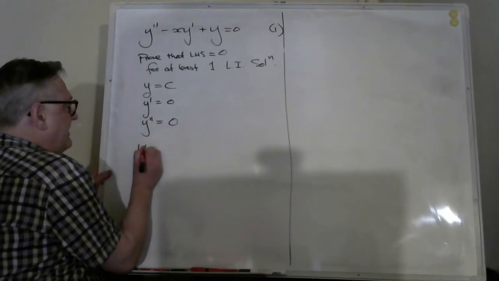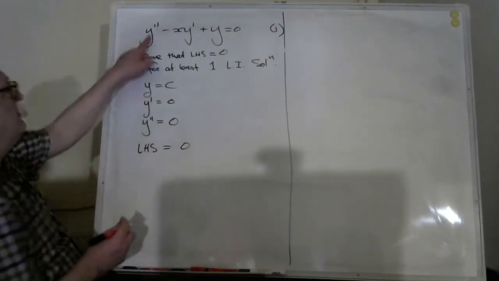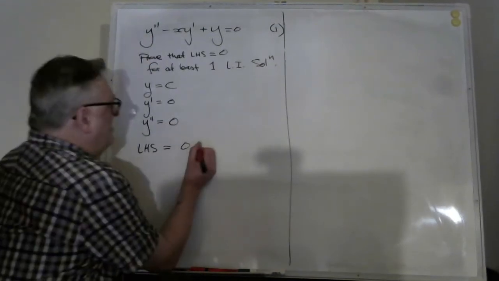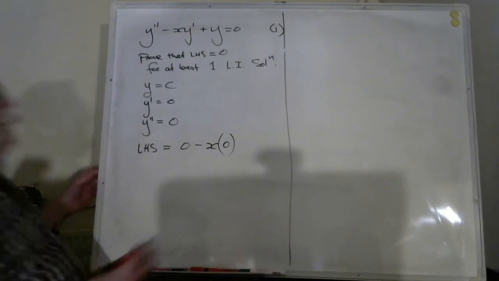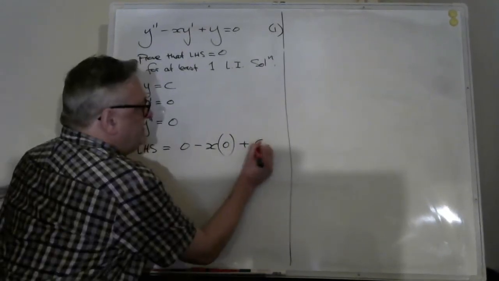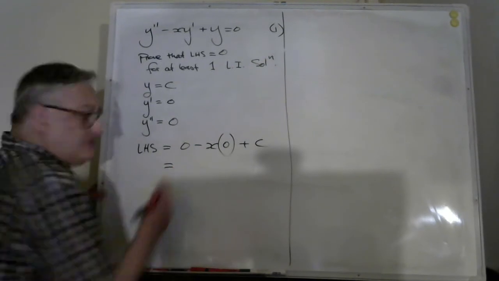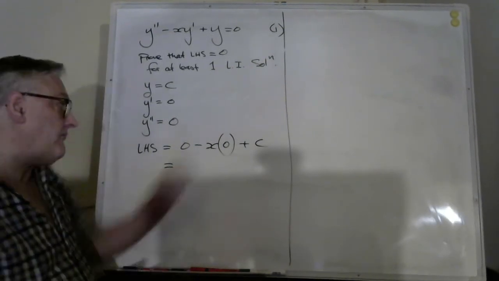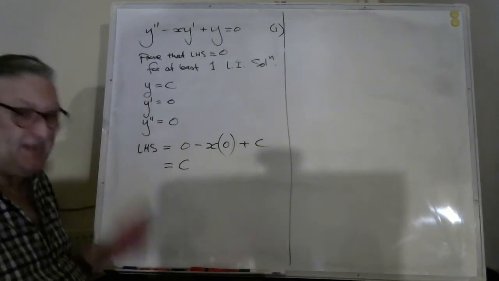So the left hand side is equal to 0, so that becomes 0, minus x times, we'll put 0 in brackets, plus c. But as you can tell, that is equal to c, which is not necessarily 0.